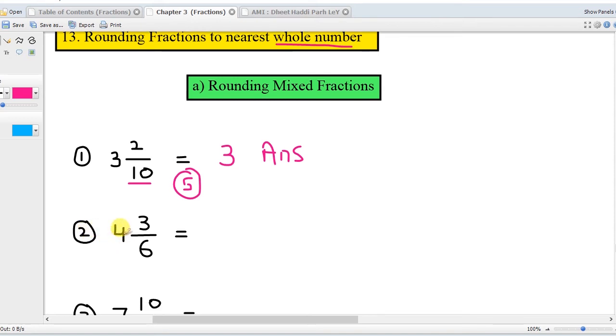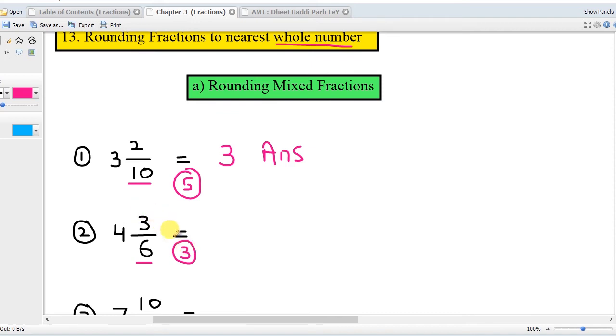So question number 2 is 4 whole 3 over 6. Your denominator value is 6. What is half of 6? Half of 6 is 3. Now we have to compare this 3 with the numerator value. Tell me, is this 3 less than, equal to, or greater than this 3?